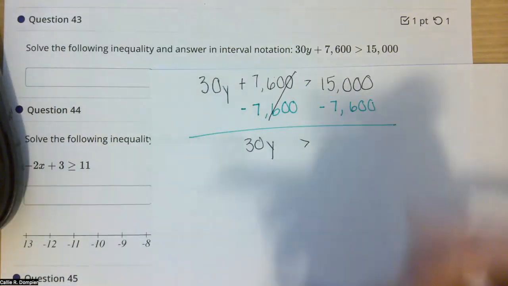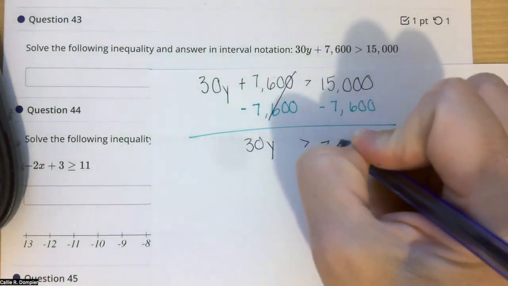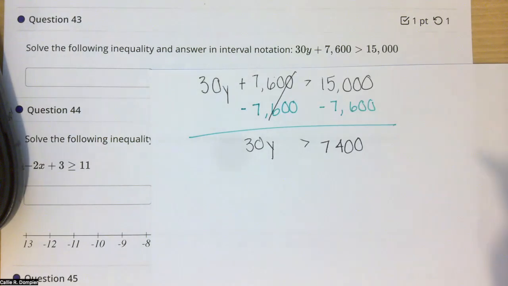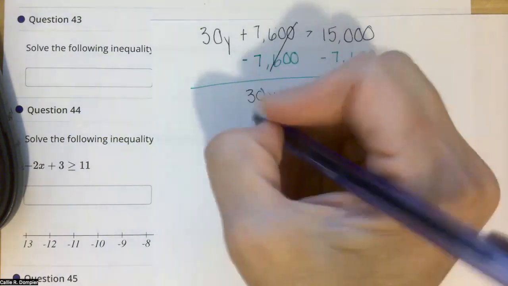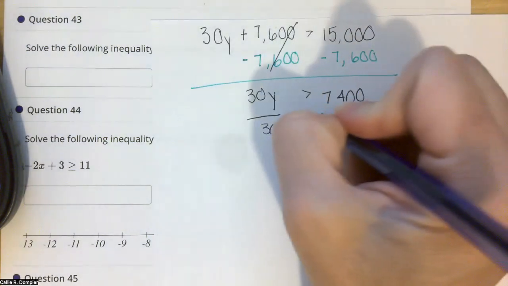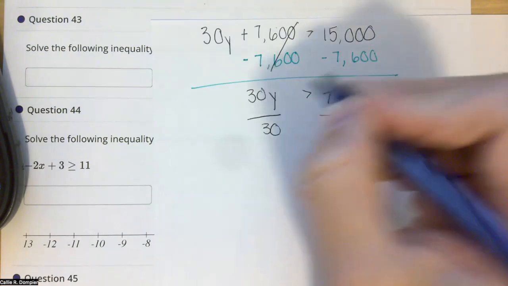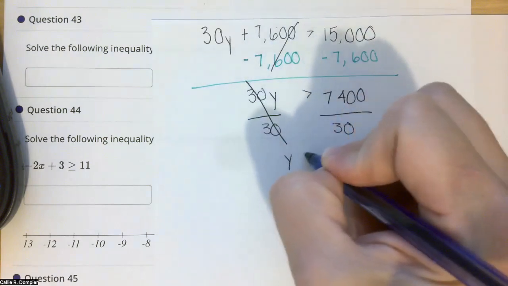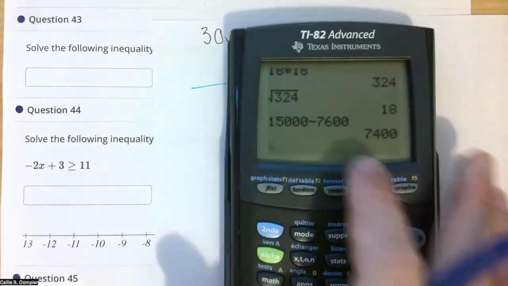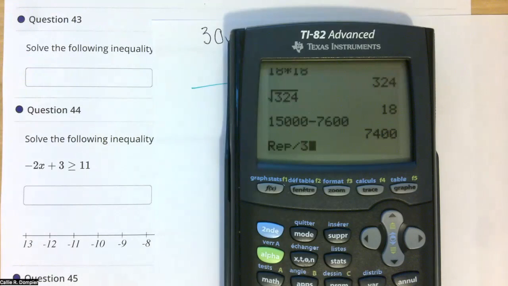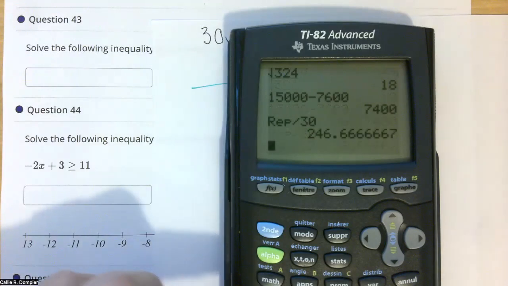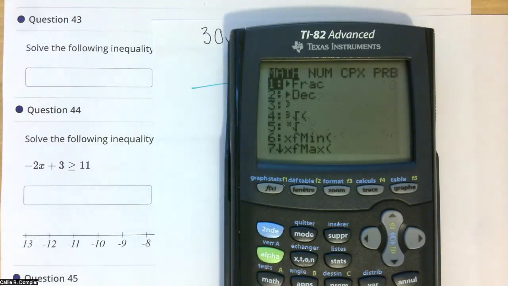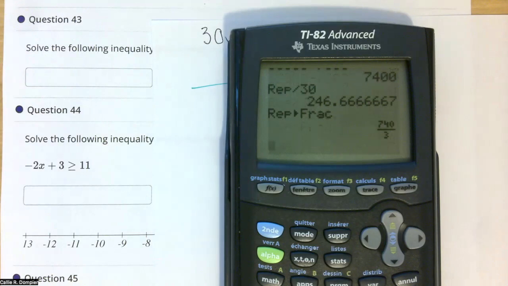$7,400. Y is being multiplied by 30. To simplify that, we just divide by 30. Anything I do to the left, I do to the right. Those cancel, and I get y is greater than 7,400 divided by 30. Make sure you get your answer in fraction form. So it's 740 divided by 3.